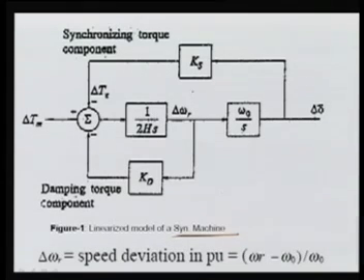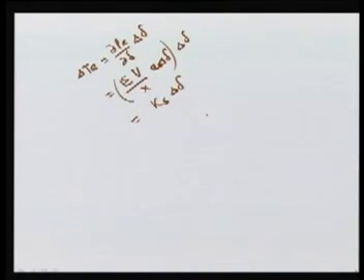Here we have two states, one is this, another is this, and we can write this equation in the state space form.